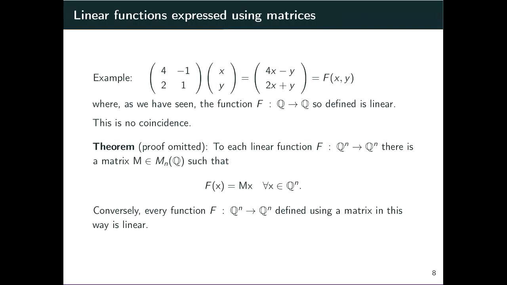If you have a linear function from Qn to Qn, then there is actually a matrix M such that this linear function applied to the vector is equal to the matrix multiplying the vector. And it's also true the other way. Every function you define using a matrix, if you define a function in this way, is actually going to be linear. So that's why matrices are what you call linear algebra.